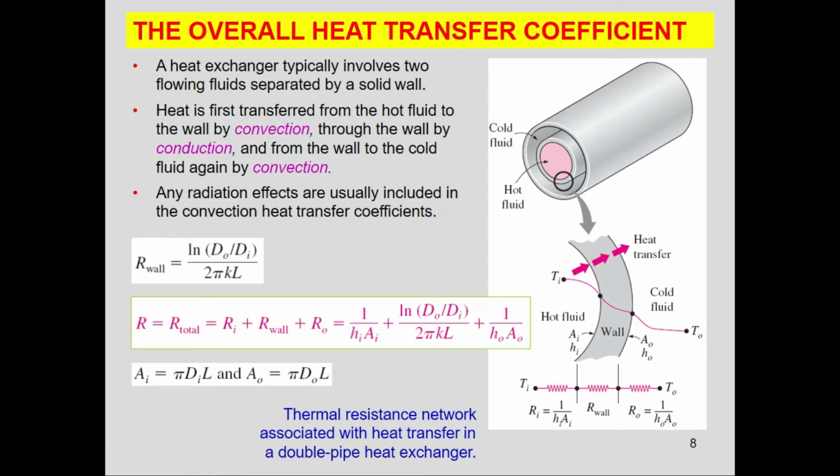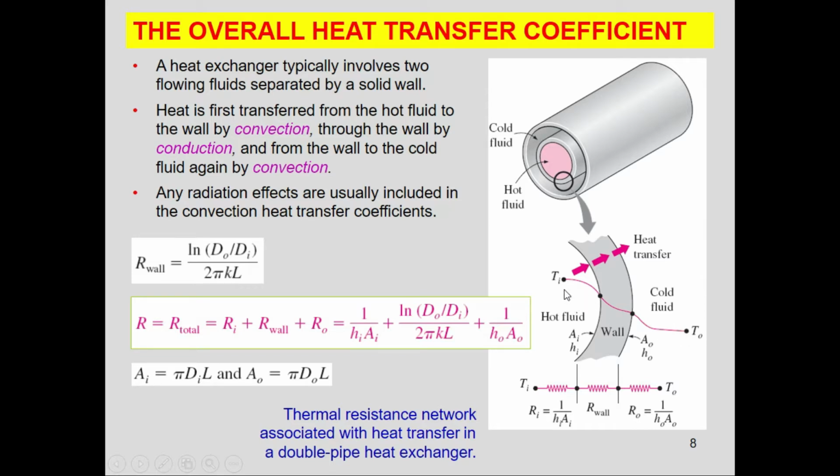This process is known as the convection process. Then the heat will be conducted within the wall. This will be the conduction process, and from this point to this point again the heat will move from the wall towards the cold fluid by the convection process.